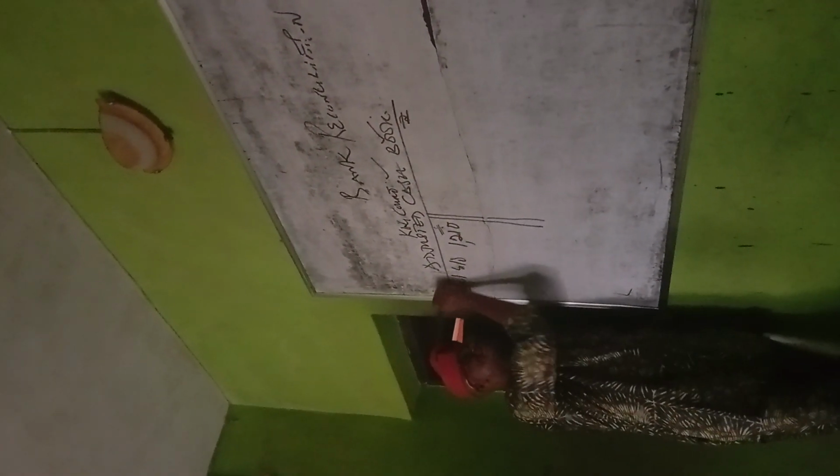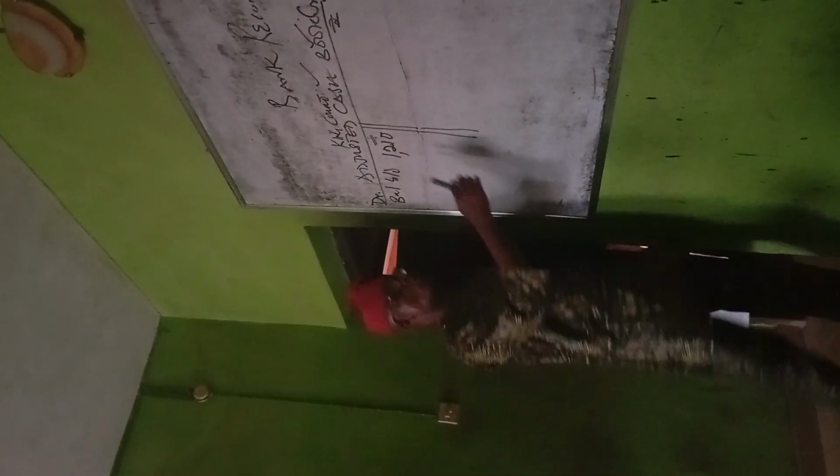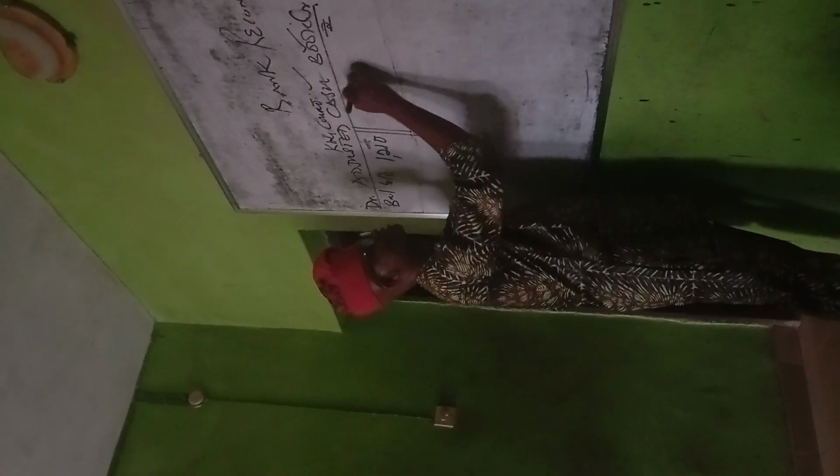Where the examiner says the cash book shows a credit balance, please, you don't bring it to the debit side, you bring it to the credit side. Or where you are told that there is an overdraft, you bring it to the credit side. You just write balance b/d, then you write the amount here.